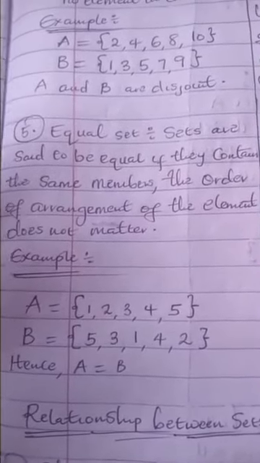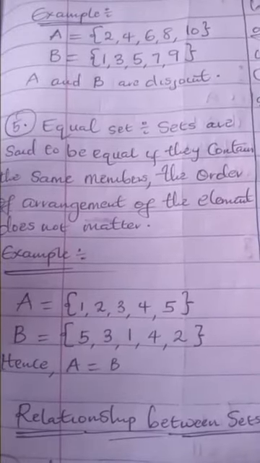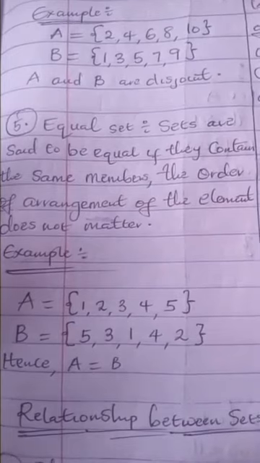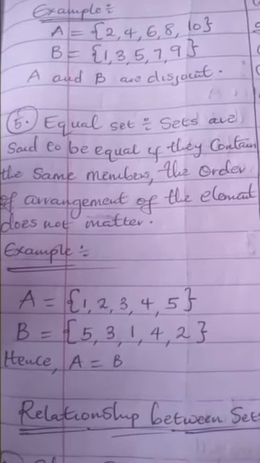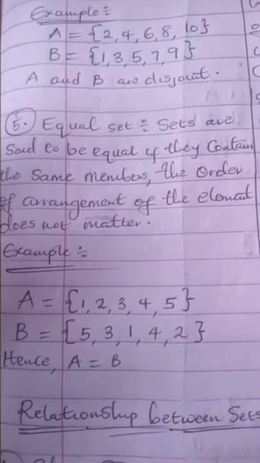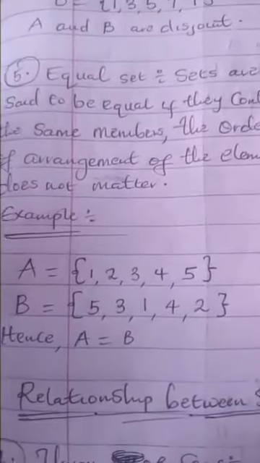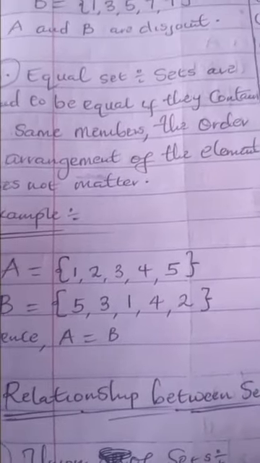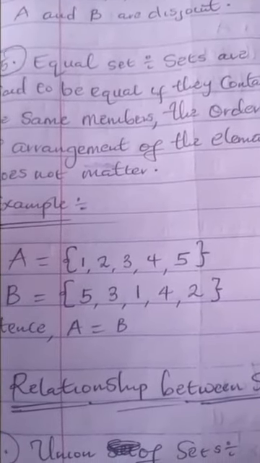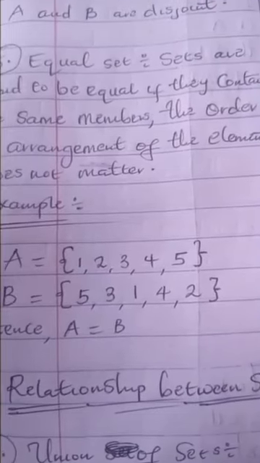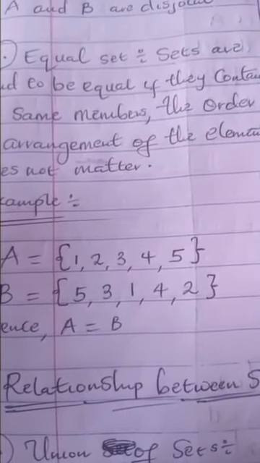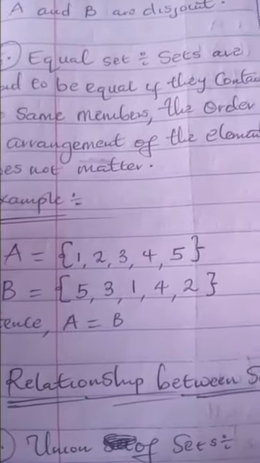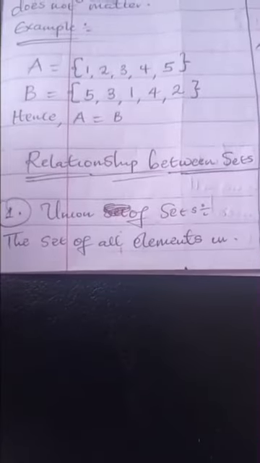For example, look at this. Set A has 1 2 3 4 5. Set B has 5 3 1 4 2. So you can see that set A and set B are equal because they have the same elements. We have 5 and 5, 4 and 4, 3 and 3, 2 and 2, 1 and 1. So they are the same.